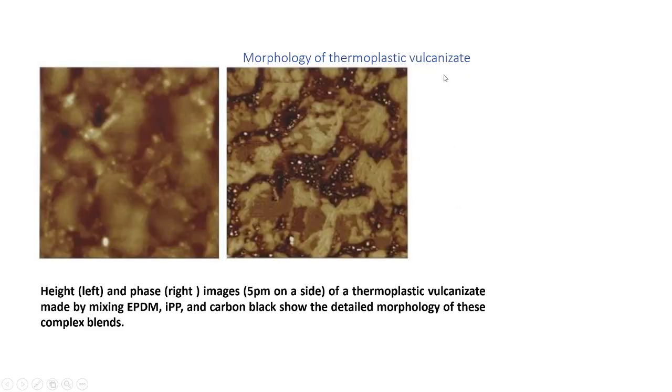Then thermoplastic vulcanization. After vulcanization, in the thermoplastic, these phases will be very distinct when we look at them in the AFM. This is the height morphology, and this is the phase contrast. This is very well visible in these images.